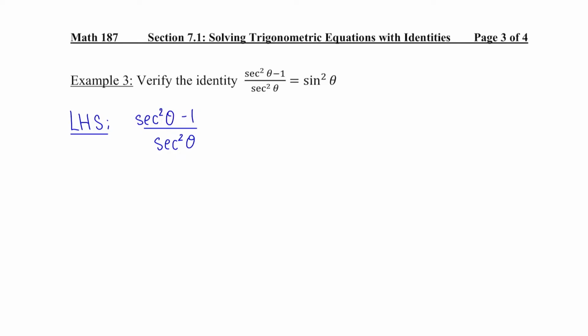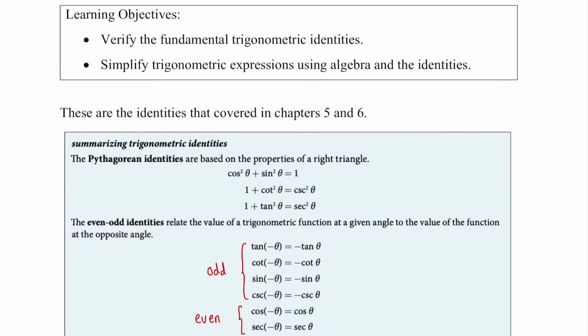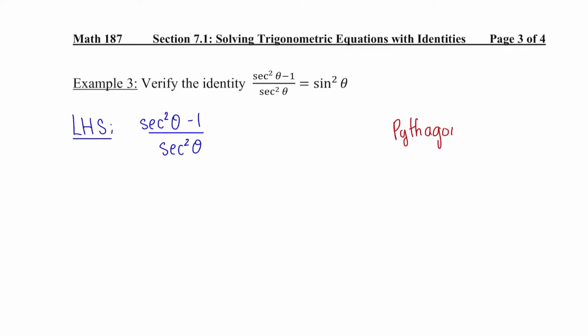If you go back to the identity page, under the Pythagorean identity, we have 1 plus tangent squared theta equals secant squared theta. This is the identity that I am going to use.